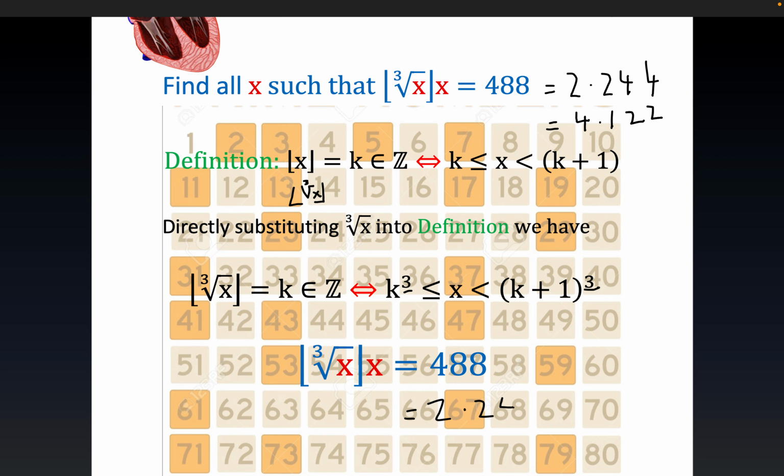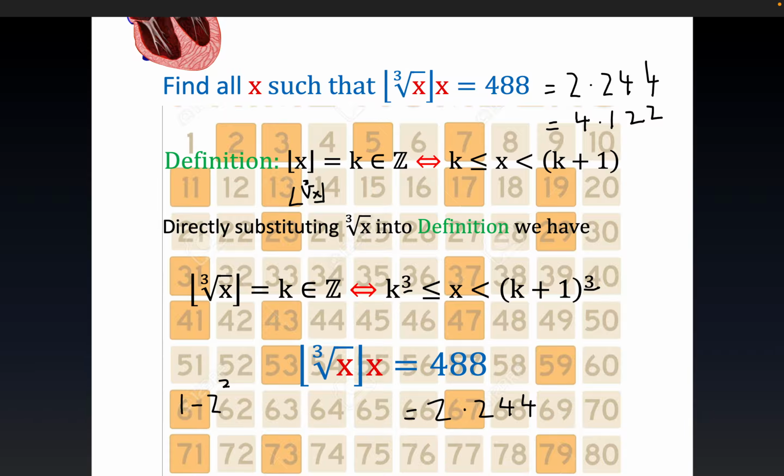Now that forces 2 to be equal to this floor.